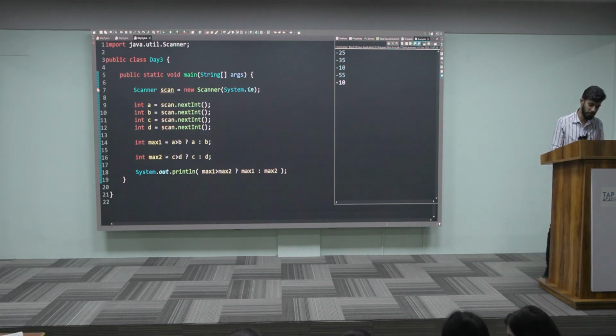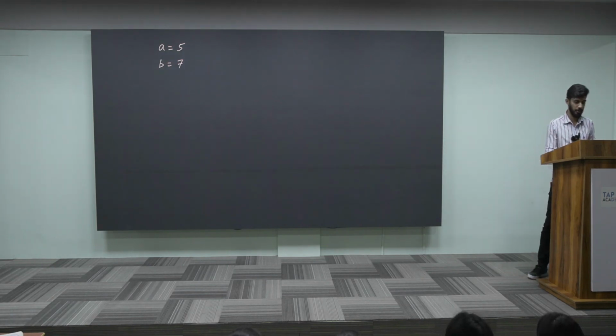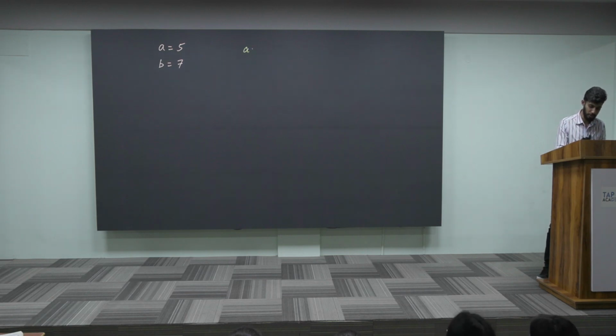So the next problem is you are given two values, A is equal to 5, B is equal to 7. What you need to do is swap those two numbers. I hope everyone knows swapping. So basically A should become 7 and B should become 5. Please write the code.